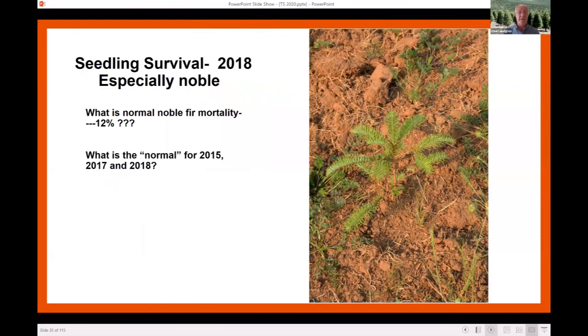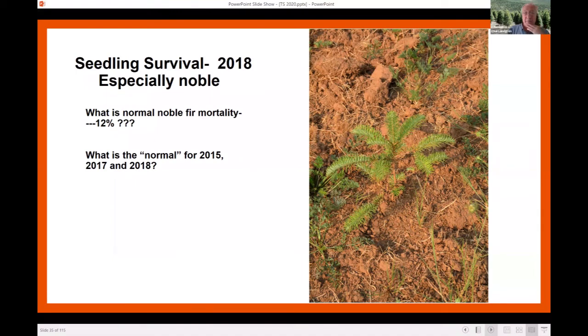We're going to talk about seedling survival. I know that was an issue that came up in the poll, and any of you that have been growing noble fir in the last 4 or 5 years on unirrigated fields, which is 99% of Christmas tree fields, have, I'm sure, experienced mortality everywhere from entire plantations of noble fir failing to better survival than the normal mortality.